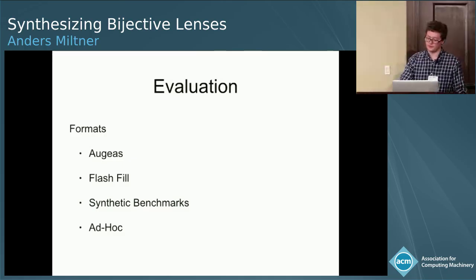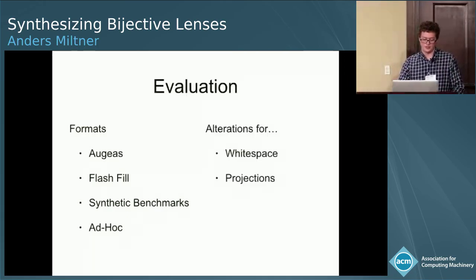We also include some examples from FlashFill, which is a popular unidirectional string synthesis tool. And we also included some synthetic benchmarks to push our tool to the max. And lastly, we also included some ad hoc examples for places we thought that our tool would be useful, like mapping between bibtex and endnote bibliography files.